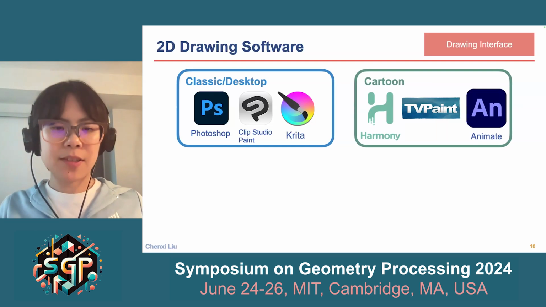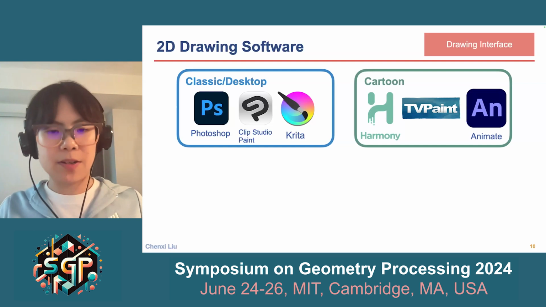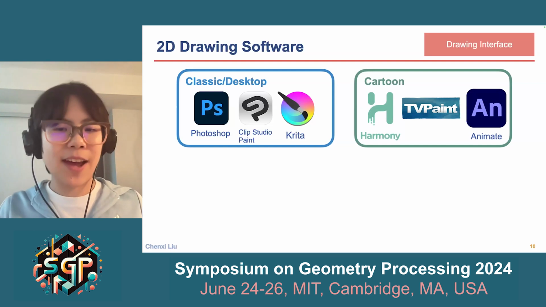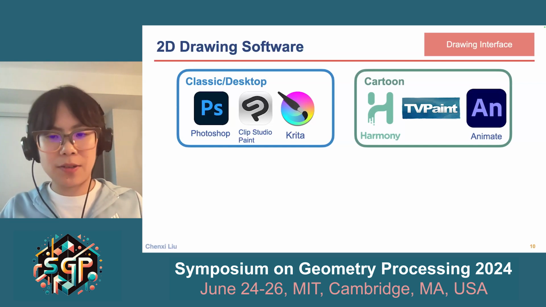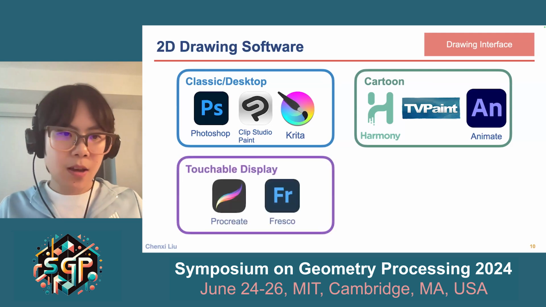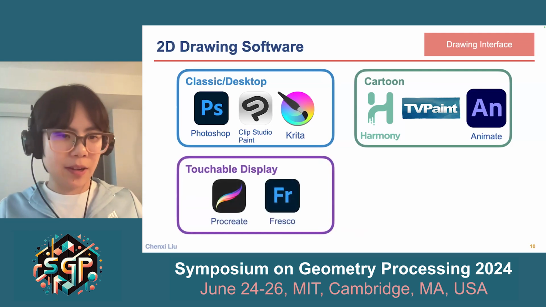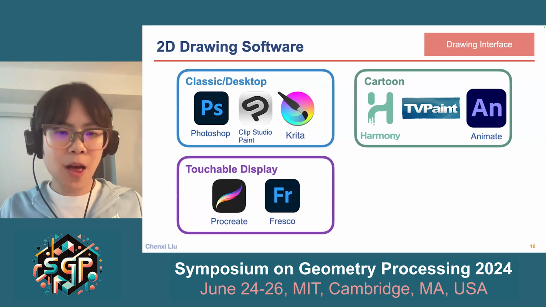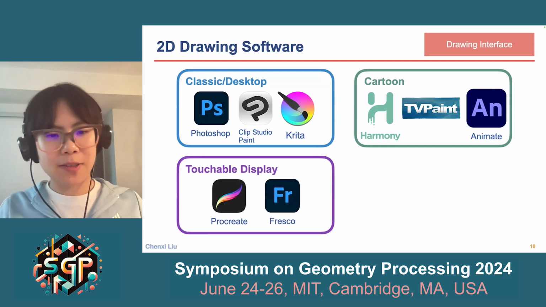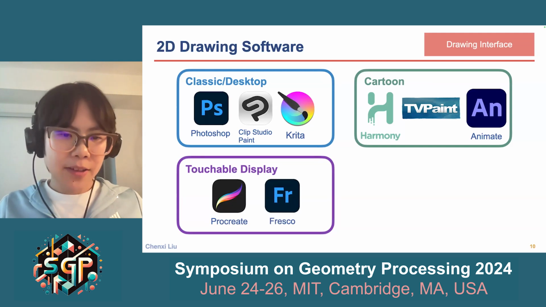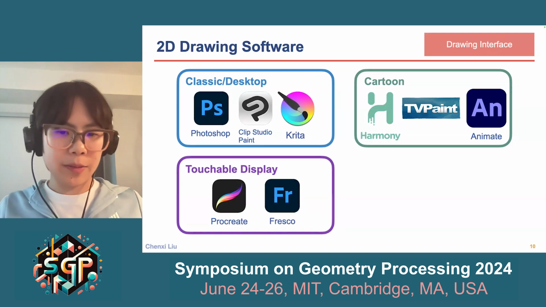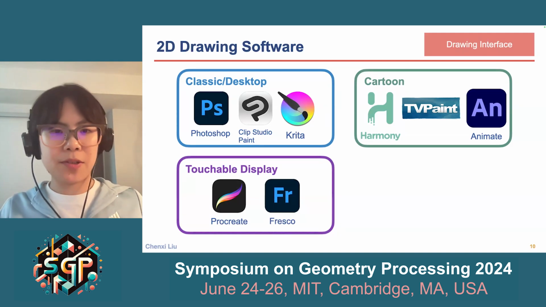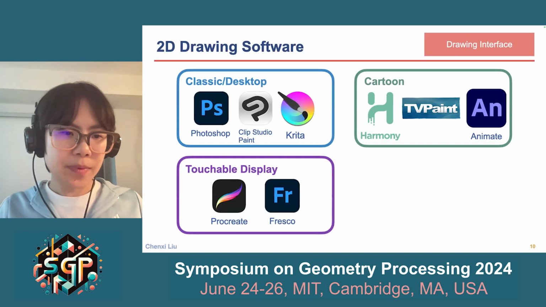They work in a raster and vector hybrid space because, as mentioned, it's easier to animate vector graphics using auto in-betweening. We also have some more recent trendy software such as Procreate and Fresco. They are for touchable devices, such as your iPad. As far as I know, Fresco is the only mainstream drawing software that supports vector sketching and drawing.